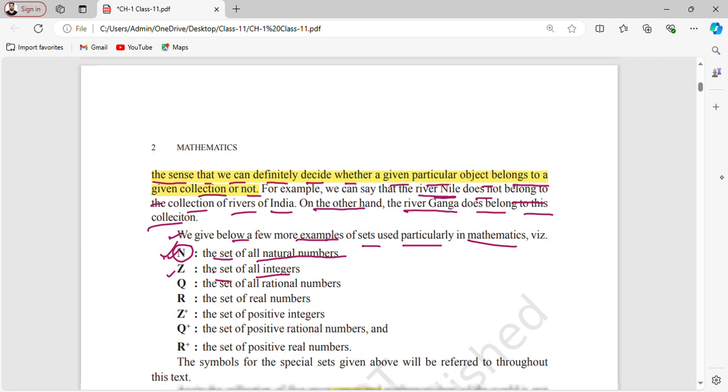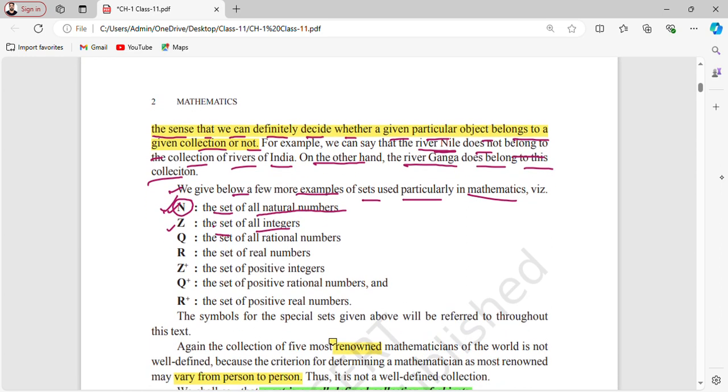All these capital letters and symbols represent collections of different types of sets, like R is the set of real numbers, Z with a positive sign represents the set of positive integers, and Q with a positive sign represents the set of positive rational numbers.